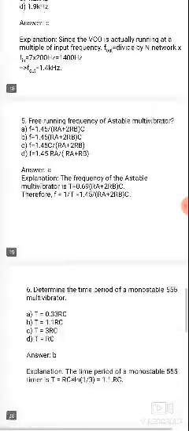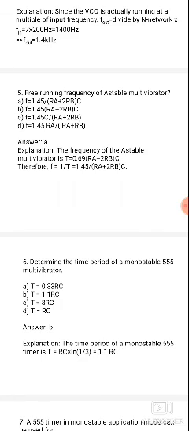Next question: the free running frequency of an astable multivibrator. This question is related to timers. The 555 IC is used as an astable multivibrator, so it is related to the topic of timers. We already completed this topic in previous classes.